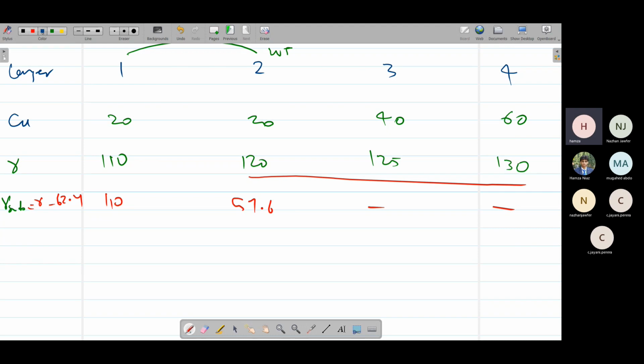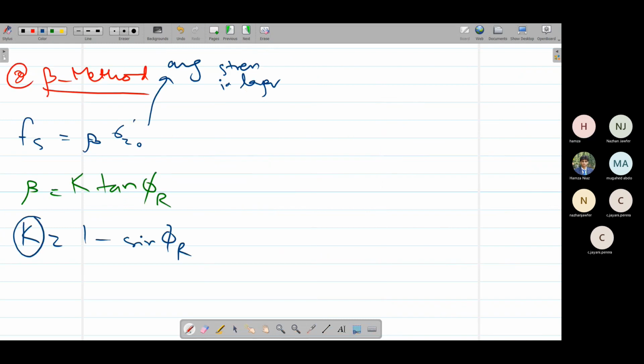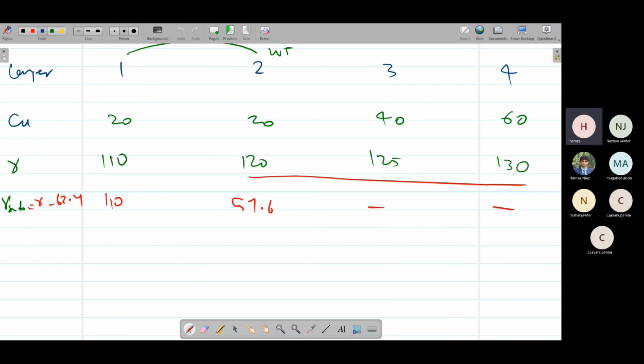After gamma submerged, for the beta method, we have to find the K value. For the K value, we have to be given the phi r value. Sir has told us the phi r values for this question.